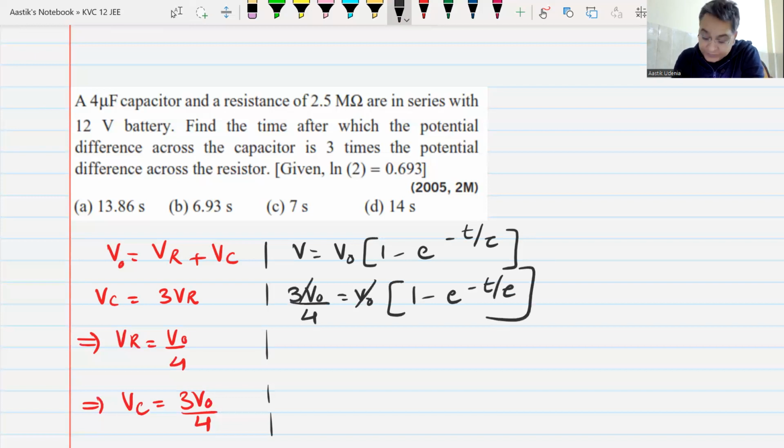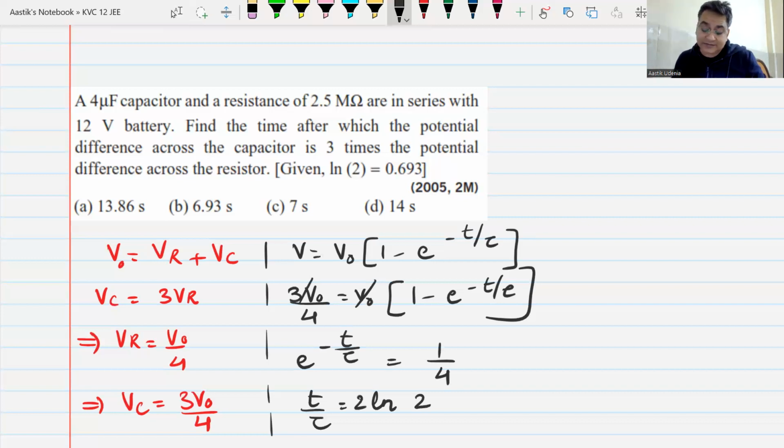If I do this, I will land up with e to the power minus t by tau is 1 by 4. So basically what I will get is t by tau is ln of 2 square, which is 2 times ln of 2. Do we understand this? Yes, sir.